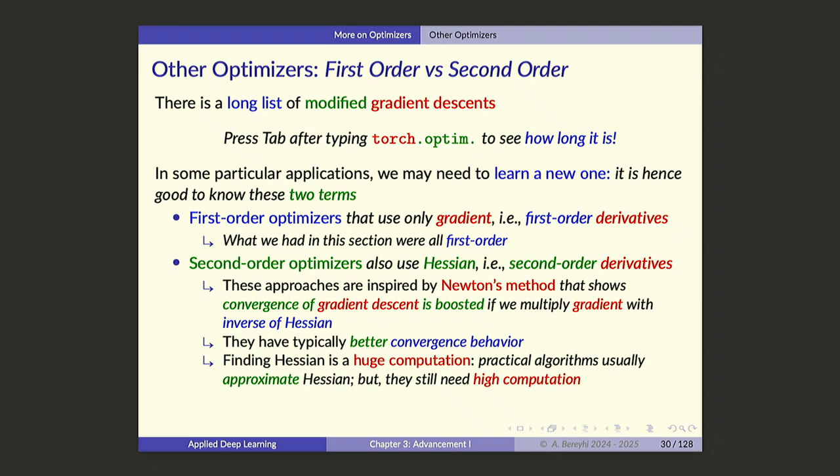There are some algorithms that try to approximate the Hessian matrix. You can check them if you are interested, but when it comes to deep learning, we usually don't use them. Because deep learning means huge models, and with huge models, even quasi-Newton approaches are still very expensive. We don't do it.